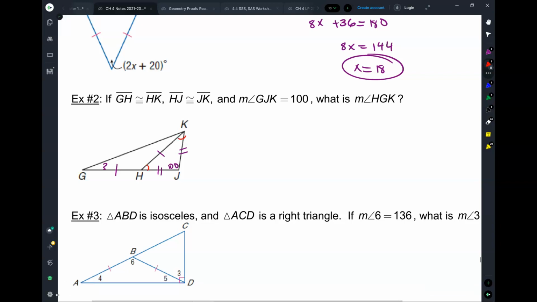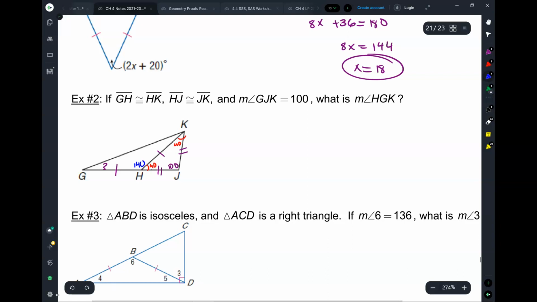So how much is each one of those angles going to be? 40, because if you subtract 100 from 180, you've got 80 left over, which you then distribute between these two. So that's going to be 40. Isn't it like a linear pair on the other side? Yes. So now these two together add up to 180. That means this is going to be 140 here.